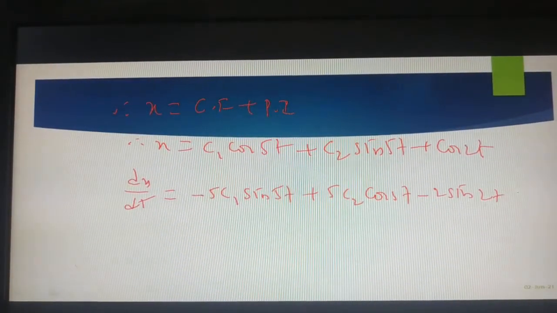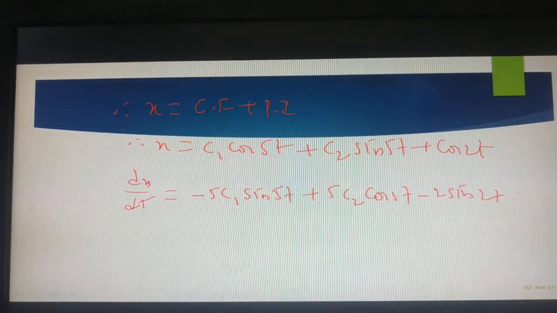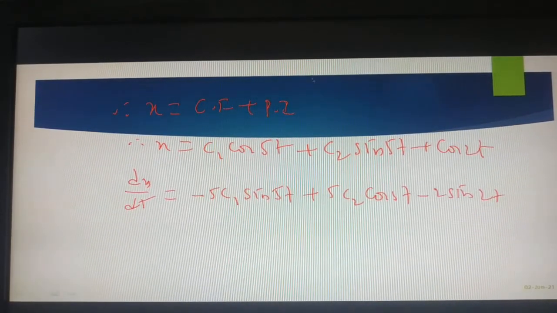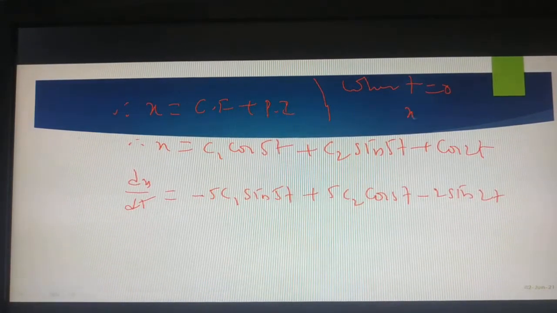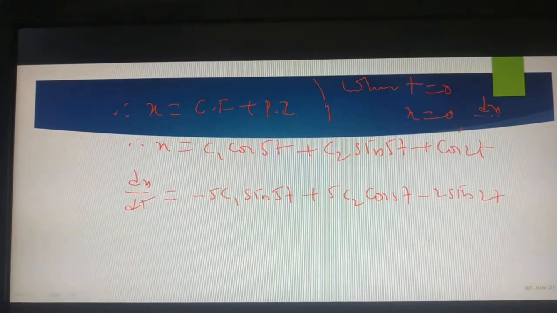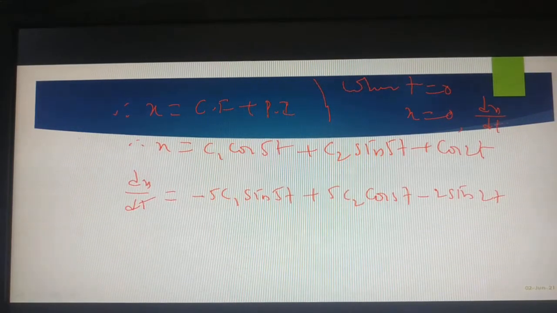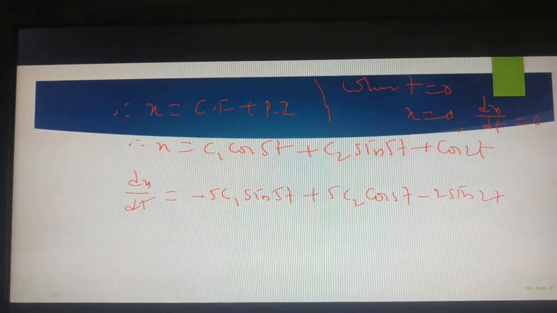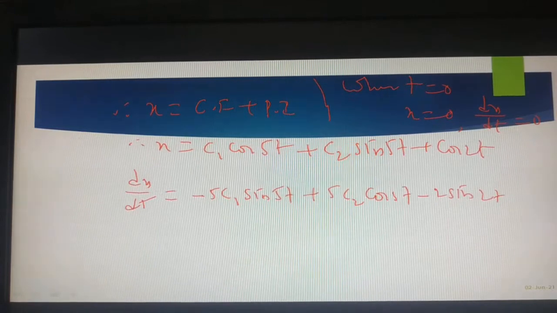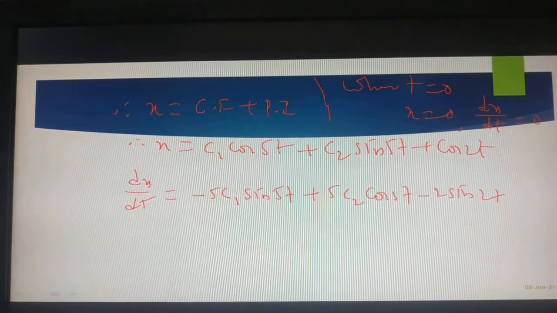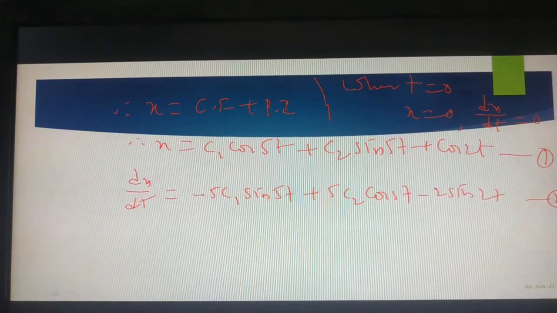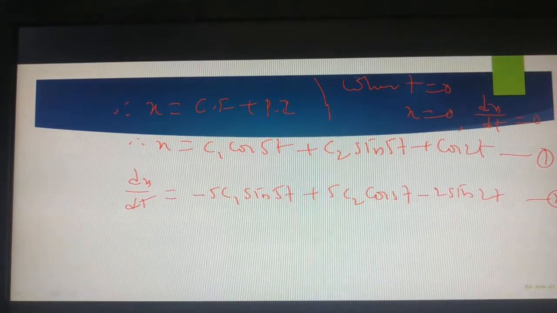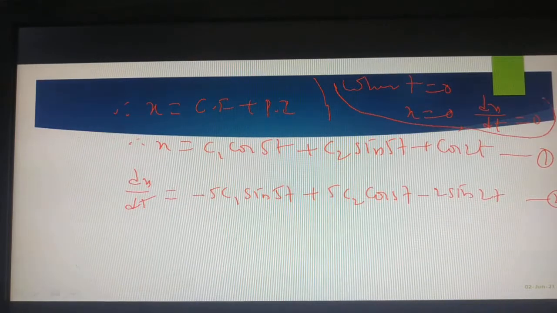Be careful. When t is equal to 0, the x value is 0 and its velocity dx by dt is also 0. This is given in the problem. So you can take this as equation 1 and this as equation 2. We can substitute this condition in equation 1 and equation 2.